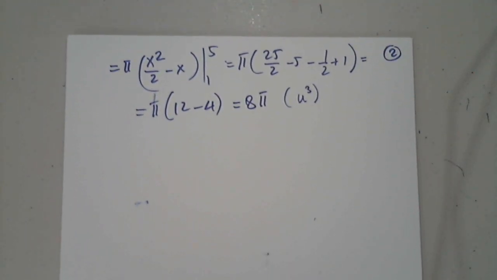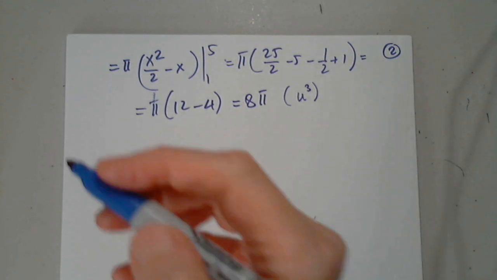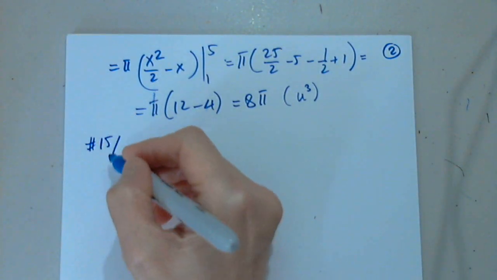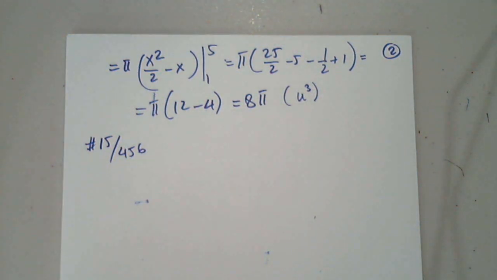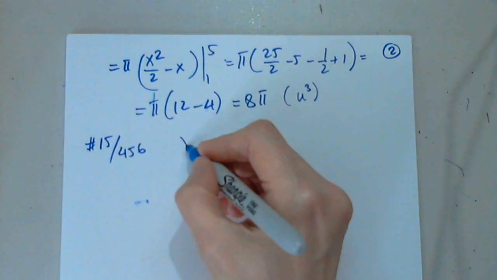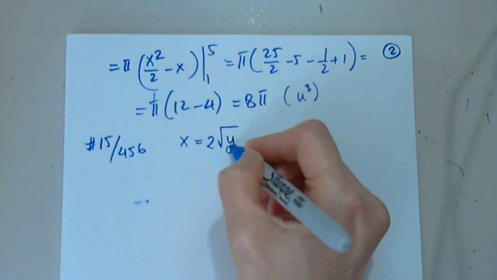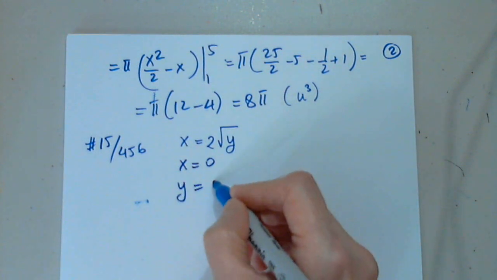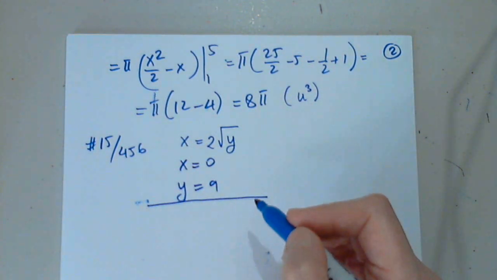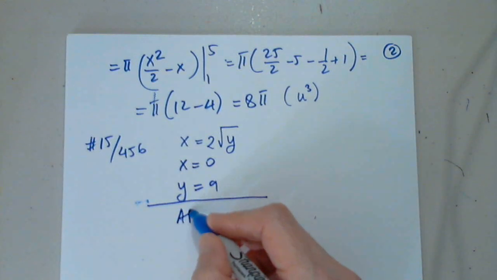Okay, moving on to another example. Let's say number 15 on the same page, 456. Let's take a look. And we are given x equals the square root of y, x equals 0, y equals 9. Careful now, about the y-axis.